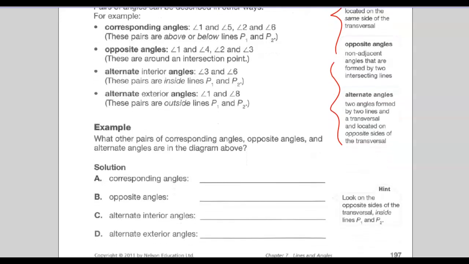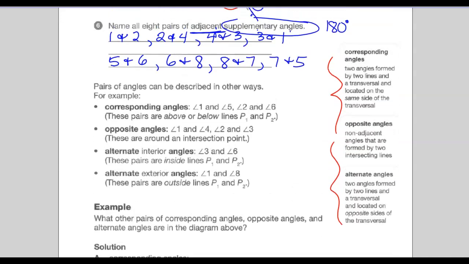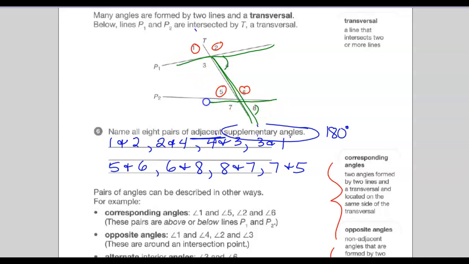All right, what other pairs of corresponding angles, opposite angles, and alternate angles are in the diagram above? So we already talked about some of those. So let's go back to practice. Okay, so they've already noted that 1 and 5, so this one and this one, and 2 and 6. So remember, I said that we could use the F, and 4 and 8, we do an upside down F, a backwards F, and 3 and 7.